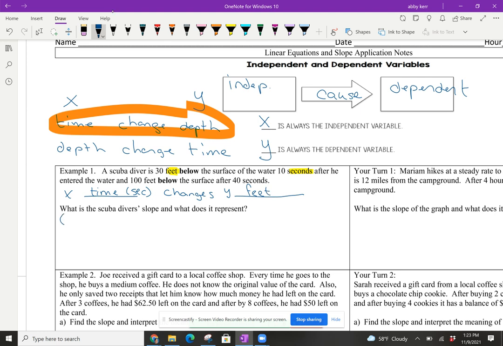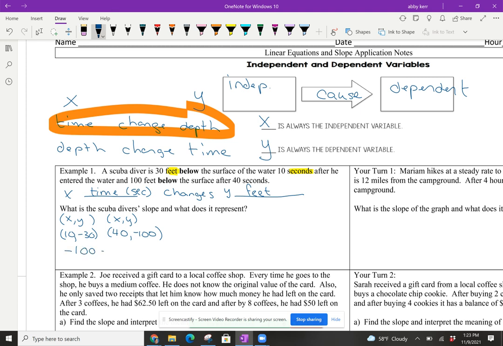So we have to construct our ordered pairs into x comma y. Now it says 30 feet below, that is actually negative 30. Anything below the surface will be negative, and that happens after 10 seconds. Here, after 40 seconds, the diver is negative 100 feet, or 100 feet below.